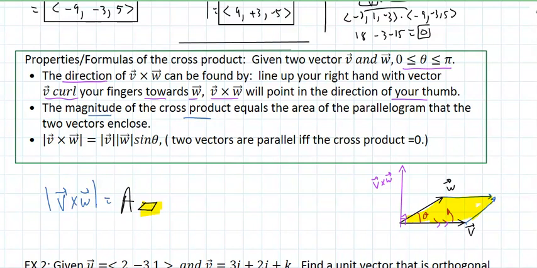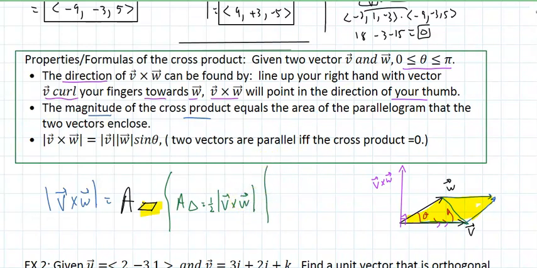Which means, if I want to find the area of the triangle that the two vectors enclose, I'll take half of the cross product.